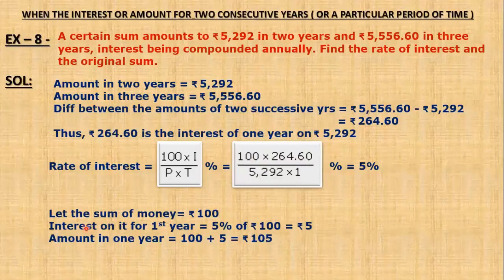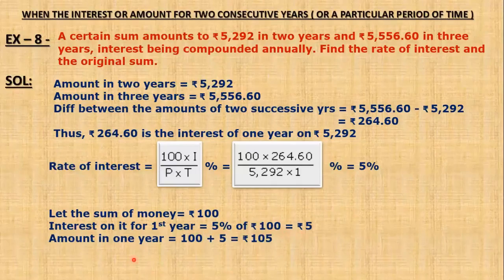So, we will use the unitary method. Let the sum of money be rupees 100. Interest on it for the first year will be 5% of rupees 100, that is rupees 5, as we have found 5% is the rate of interest. So the interest on it for 1 year is rupees 5.